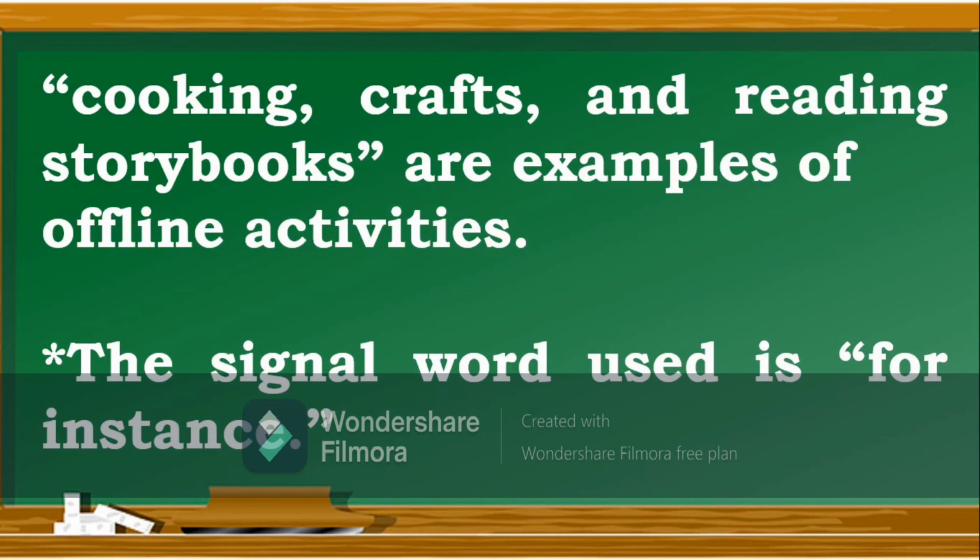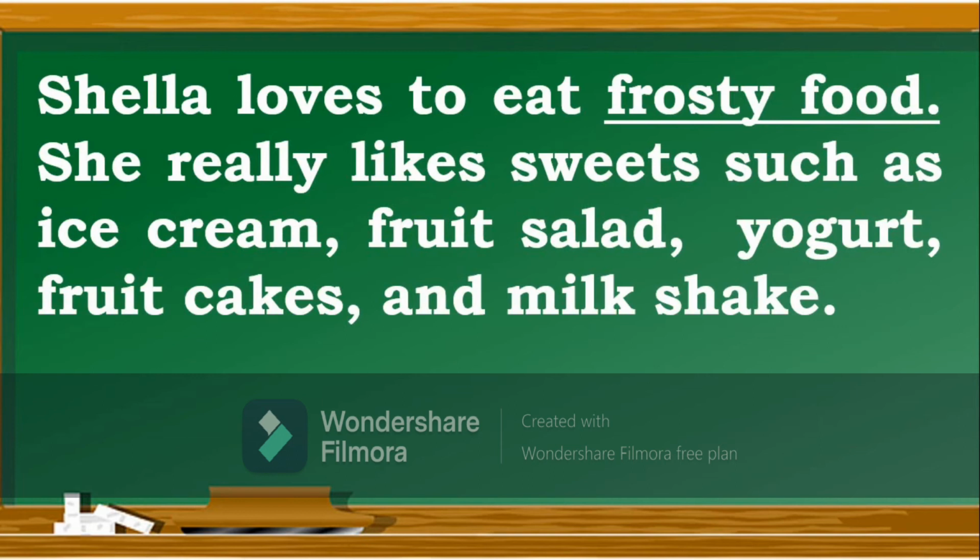Very good. Now let's go to the second example. Shella loves to eat frosty food. She really likes sweets such as ice cream, fruit salad, yogurt, fruit cakes, and milkshake. What do you think are examples of frosty food?